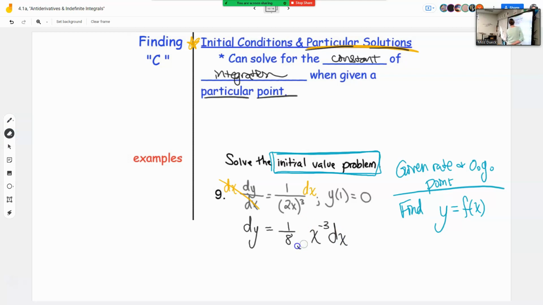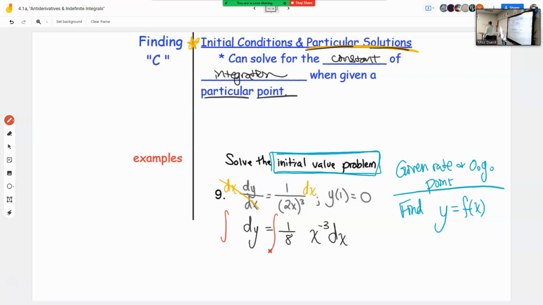So technically, all of this would just be rewriting it, moving the dx to the other side, making 1 over 2x cubed into 1 over 8x cubed, which is 1/8 x to the negative 3. But when you have it right there, it is primed and ready to go for an integral to be introduced.